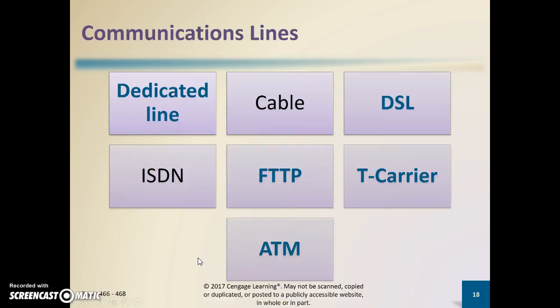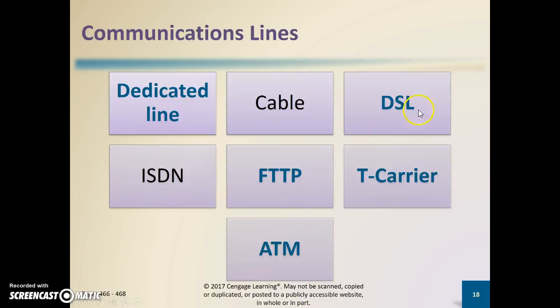This is Concepts Chapter 10, Part 2, starting on page 466 with communication lines. So, a dedicated line is a line that is always on, and some examples of that would be cable and DSL for sure.